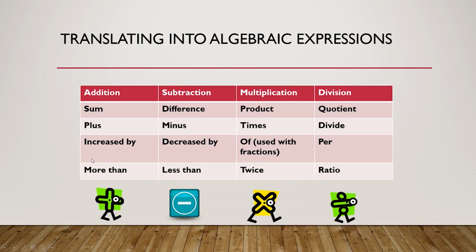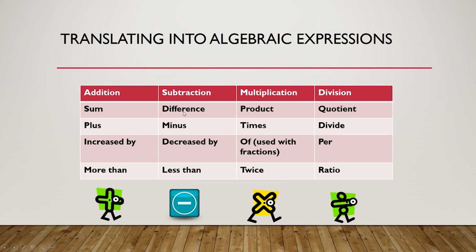And here are the words. If you have sum, as in sum total, that would be addition. If you see difference, that would be subtraction. You would translate it to a minus sign. Product, that is multiplication, and quotient is division.